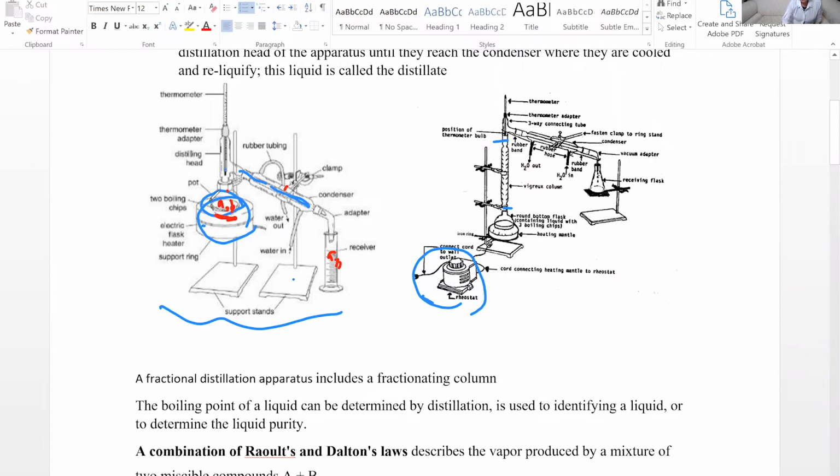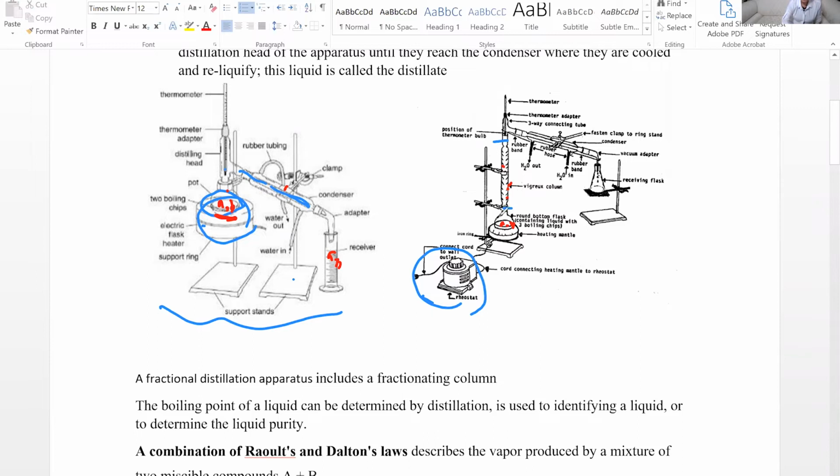But in fractional distillation, if both A and B, the compounds with high and low boiling points, rise into the fractionating column, they hit the fillings that we have inside this column.